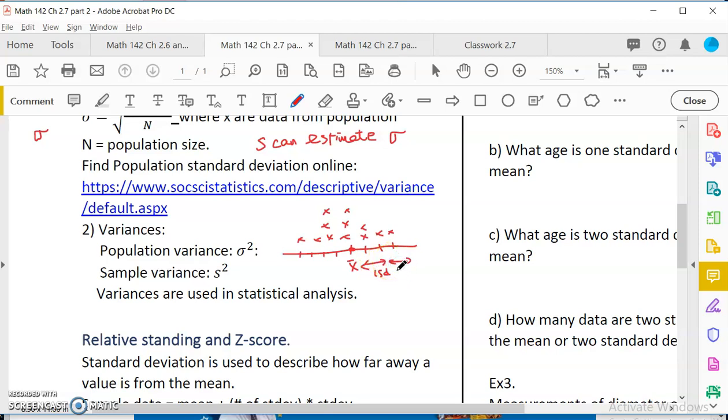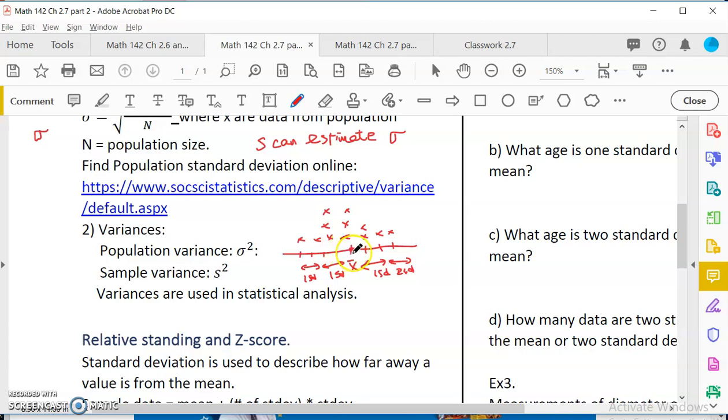And then this is 2 standard deviations above. Well, one more. This is one standard deviation below. This is another standard deviation below. It turns out that most of the data, 95% of the data, are within 2 standard deviations above or below. So you can use the standard deviation as a tick mark to see how your data spread.